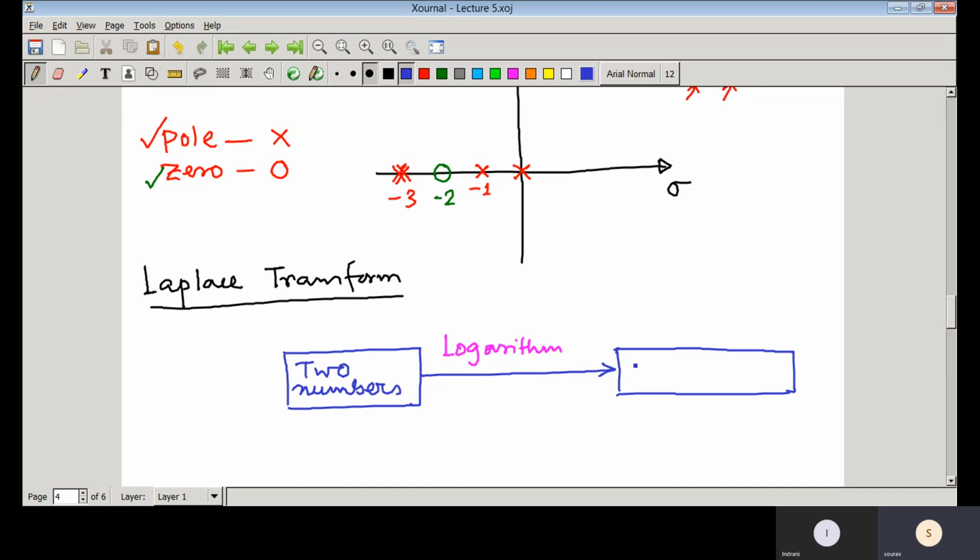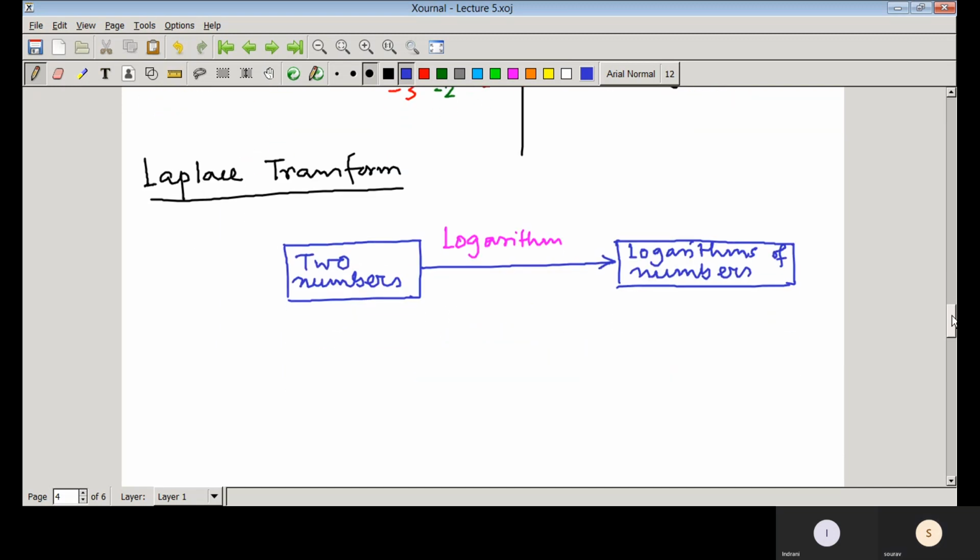So it is the logarithm of numbers, not function. Now, whenever it is a product of these two numbers, the logarithm of numbers basically gives you that addition.